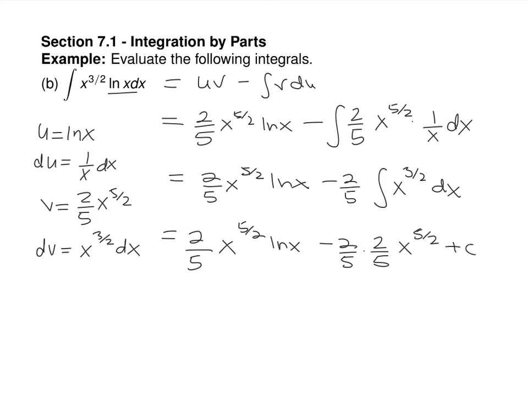Plus c, and then multiply those 2/5s, and your final answer is 2/5 x to the 5 halves ln x minus 4/25 x to the 5 halves plus c.